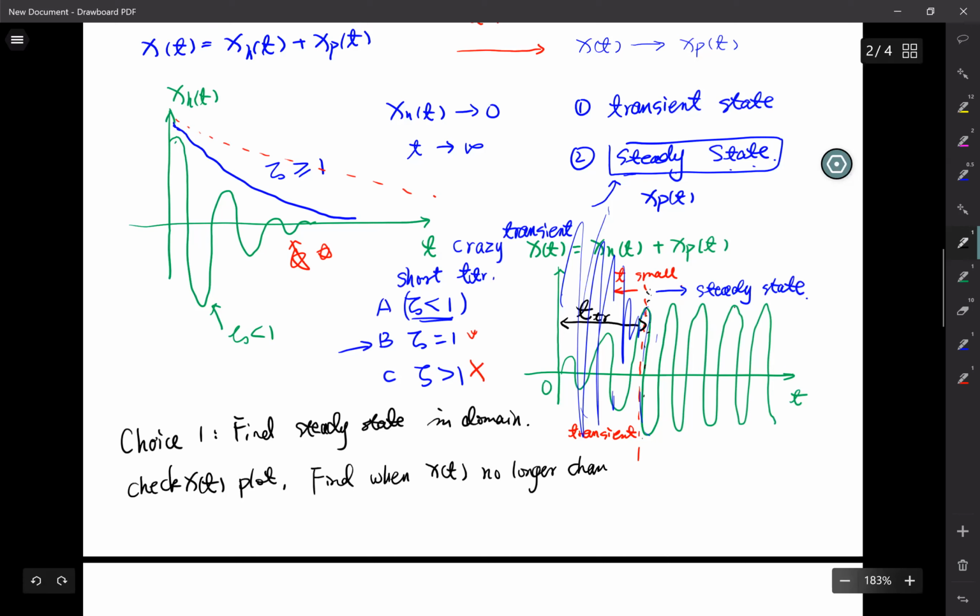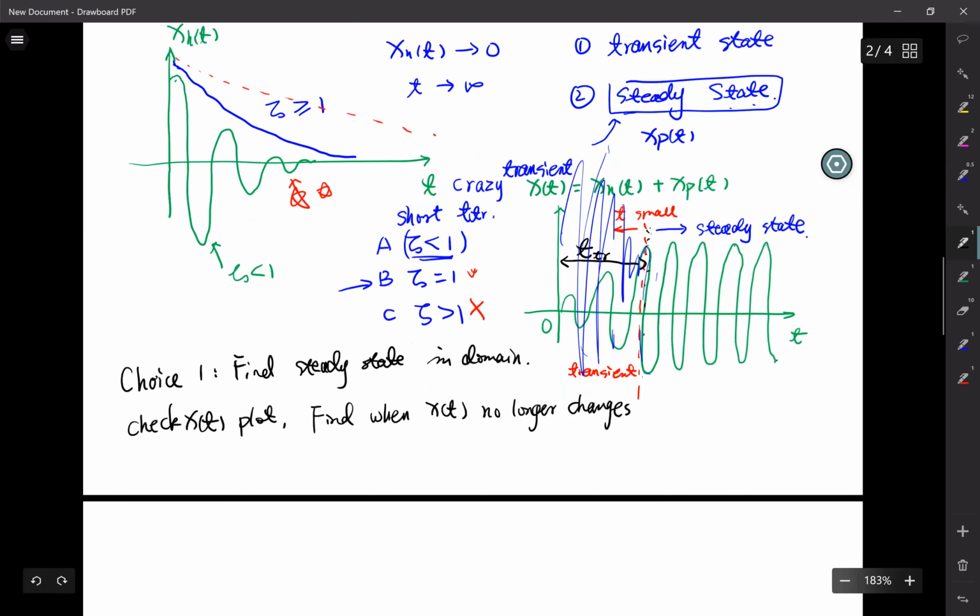In other words, you're going to see a single sinusoidal oscillation, and at that time you can pick the amplitude and phase shift of that excitation. You get your transient, you get your steady state. But there are problems with this method. It needs a long time. For example, if you have an overdamped system, for some extreme cases, it might take days to get to steady state.